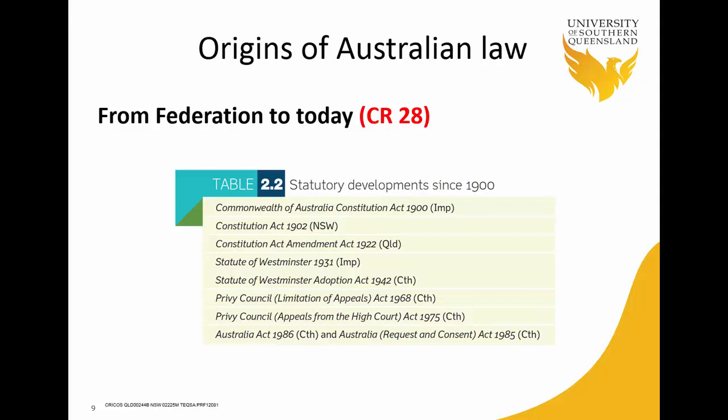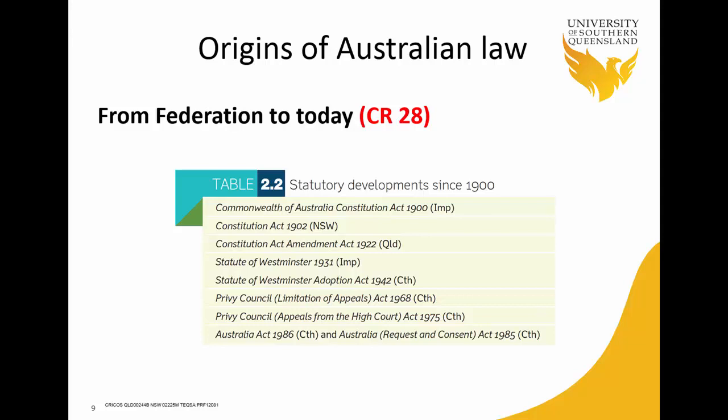Then we come to the Statute of Westminster of 1931, and this was the first legal clarification on the status and relation of Britain and the Dominions. There were other Dominions besides Australia, for example Canada, South Africa, New Zealand, Newfoundland and Ireland, a relationship which had never been defined in law.